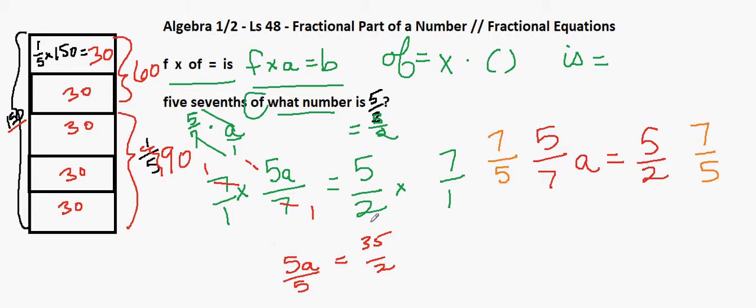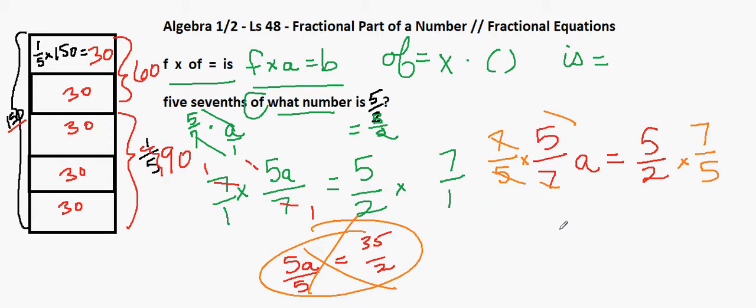If you start going down the other way, you'll get it right, but this looks messier. Now we can do all that at once so that a is automatically by itself. This cancels out nicely, so now it's just 7 over 2. And that was example 48.2 on page 158.